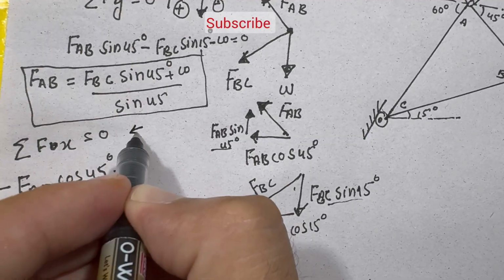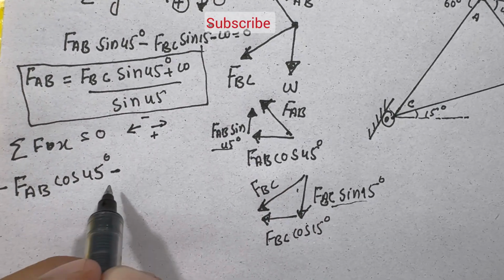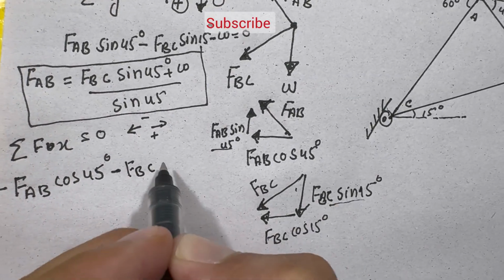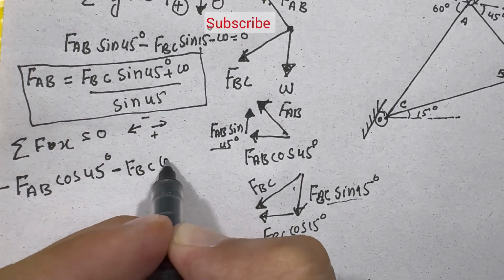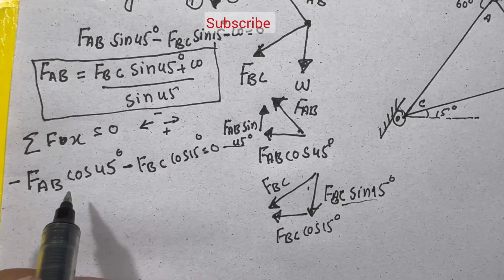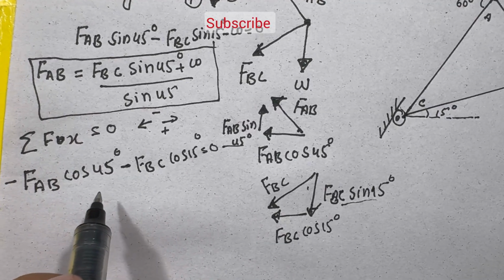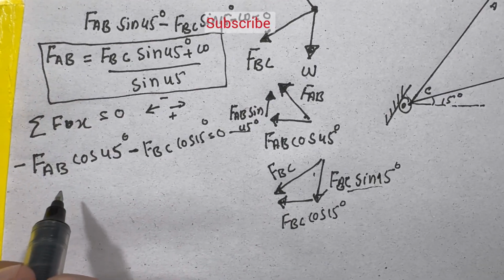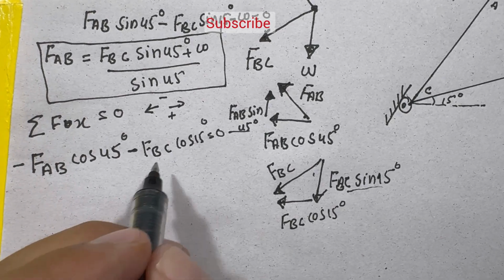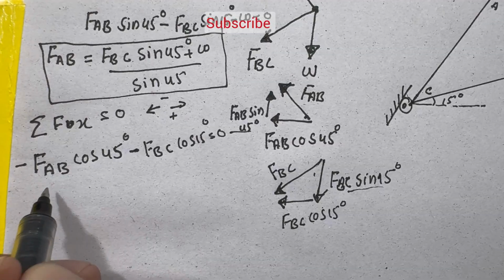The force directed toward the left is negative, the force directed toward the right is positive. So FAB cos 45 minus FBC cos 15 equal to 0. Write it in this form. It's going to be very easy because there are only two forces.